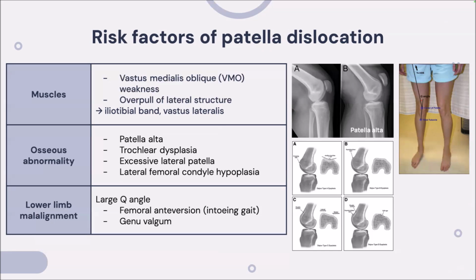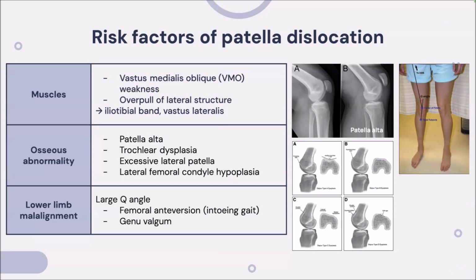There will be less bony stability in early flexion. The trochlear dysplasia, which shows a shallow or flat trochlear groove, and excessive lateral patella tilt, or the lateral femoral condyle hypoplasia. So that may be complicated for you. You imagine that the patella is sitting in the groove, right?